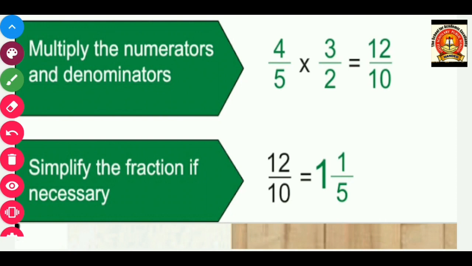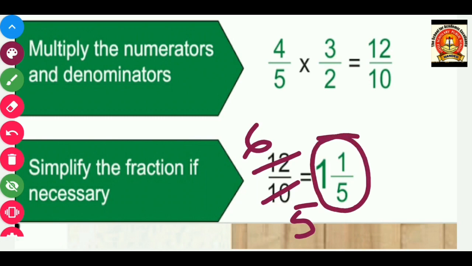So you can easily reduce it. You can divide it like this: 2 6s are, 2 5s are, 6 upon 5. Still it is an improper one, so you can write it as a mixed one. 5 ones are 5, 1 left, and then 1 integer 1 upon 5.